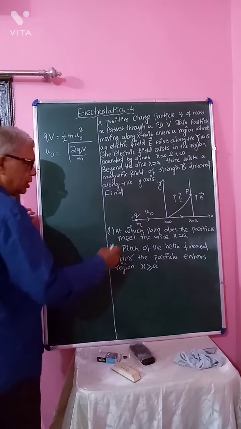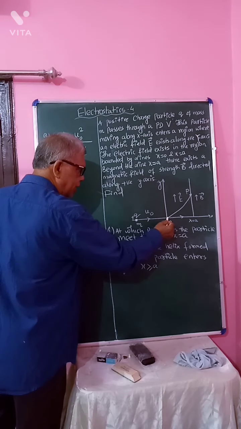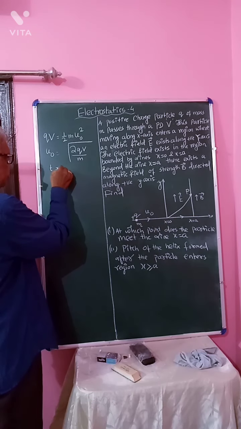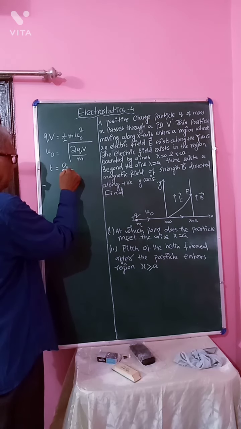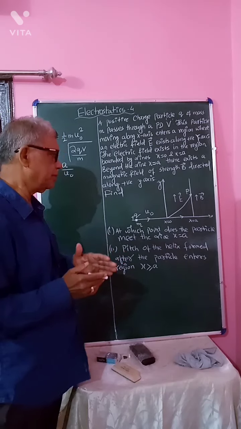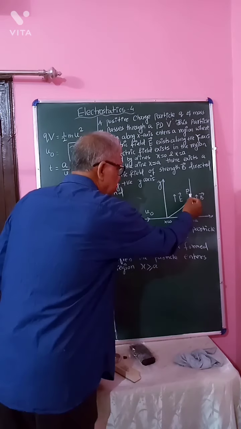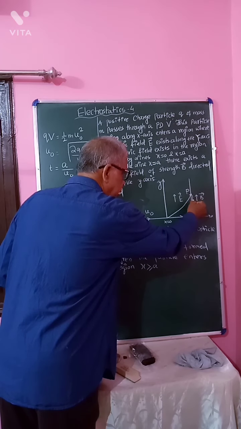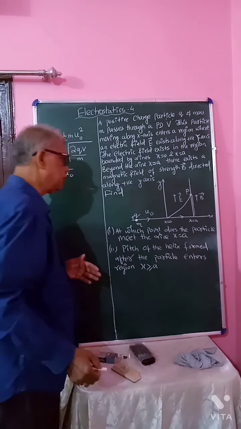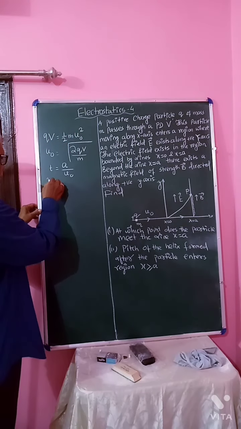So the time the charged particle takes to reach the point P is equal to distance a divided by speed u0. Now during this time, the distance in the vertical direction covered by the particle is, say, y.